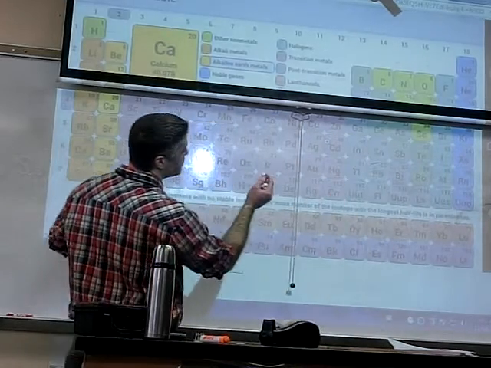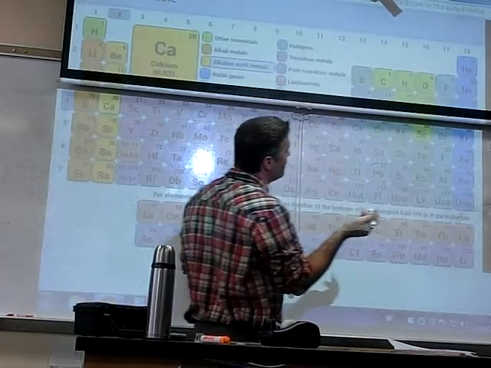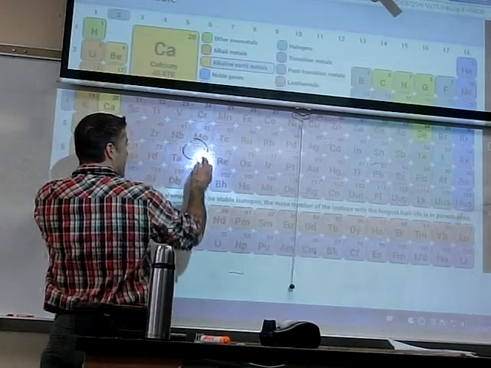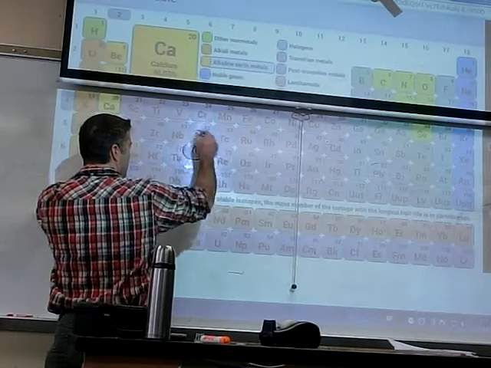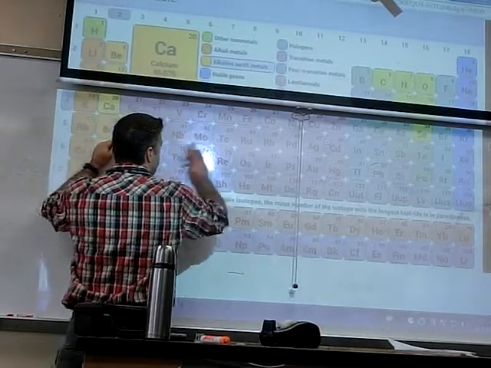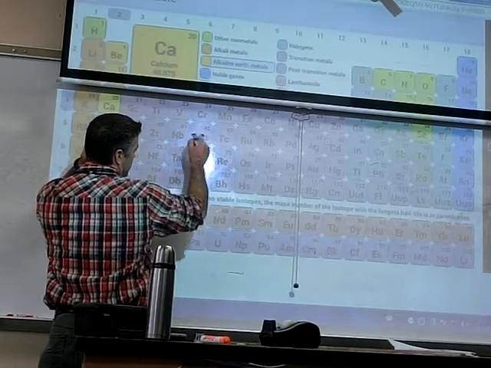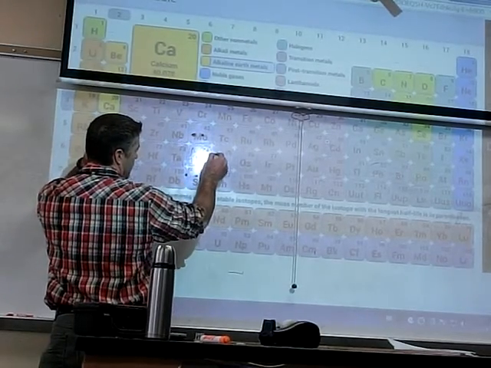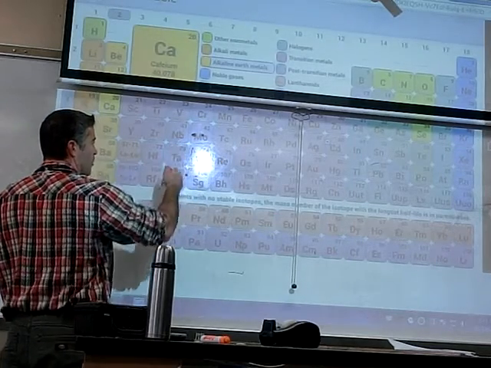So nitrogen is in column 5, which means one nitrogen atom has, I think, a couple of electrons in this shell. But the important thing is that in its outer shell, it has 1, 2, 3, 4, 5 electrons. And it's not happy because it wants to have 3 more.